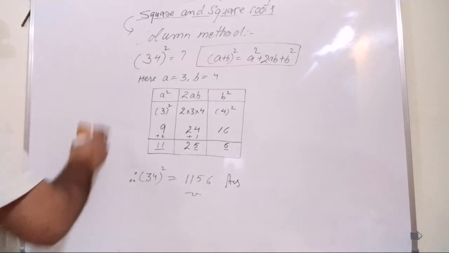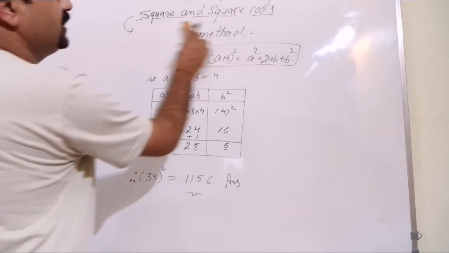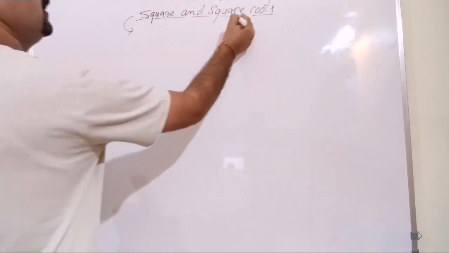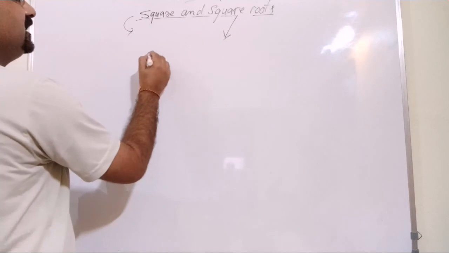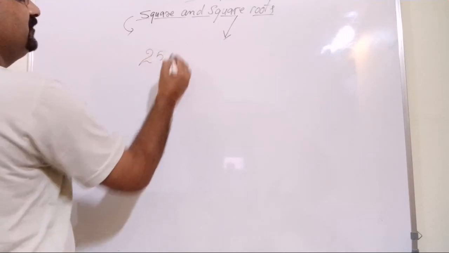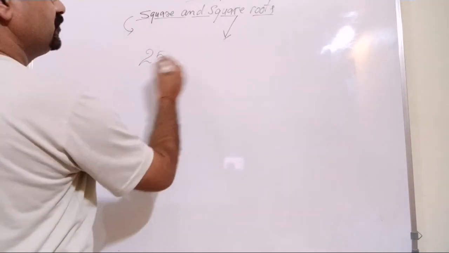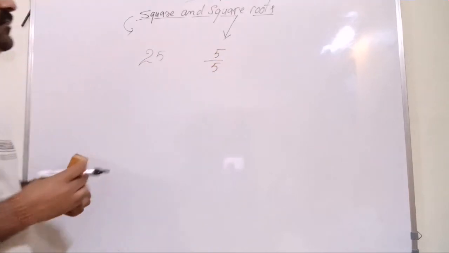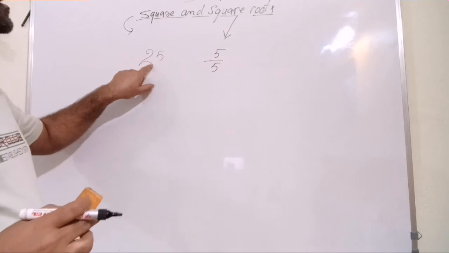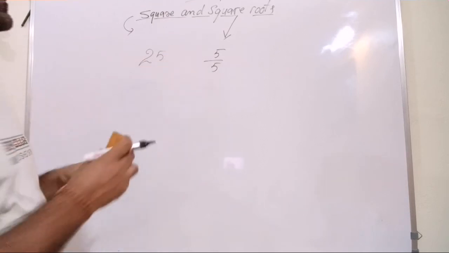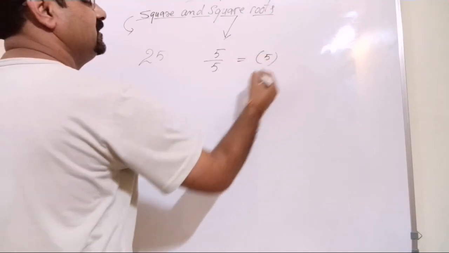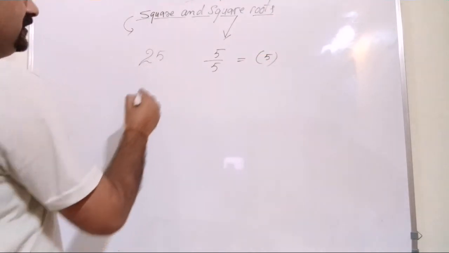Now beta, how to find the square root? How to find the square root? Square root means if we have a number 25, then the square root of 25 is, I said, when this 25 is divided by itself, then this is equal to 5. Okay, this is the square root of 25.